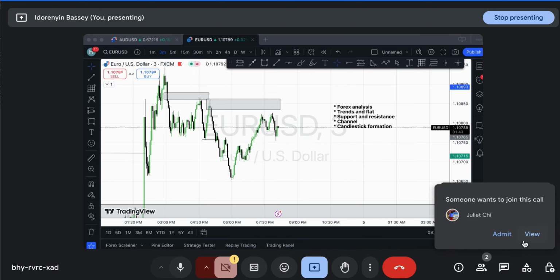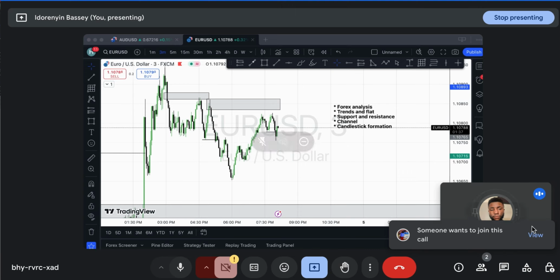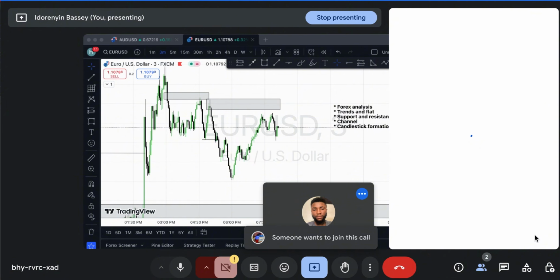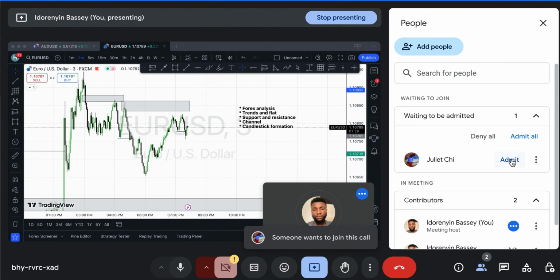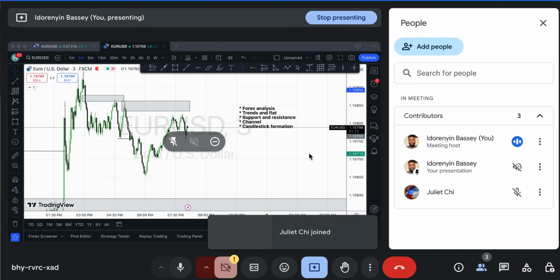And so the first thing we're going to be talking about today is what is forex analysis. The second one, we're going to be looking at what is trends and flats.